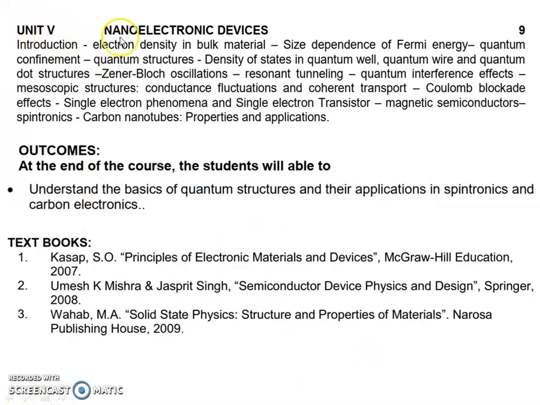This is Unit 5, Nano Electronic Devices. These are the topics which we are going to cover in the upcoming slides. Now I am going to cover the introduction about nano electronic devices.